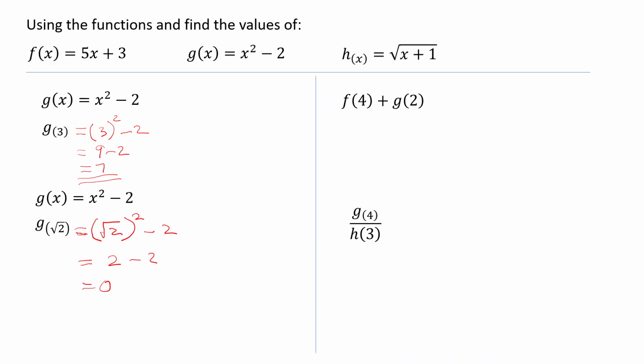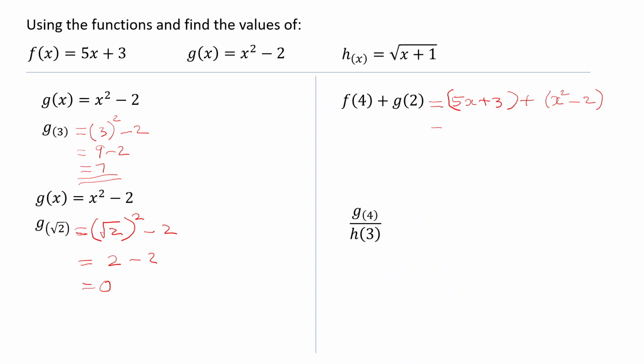Next one, f(4) plus g(2). So I'm going to write the functions. f(x) is 5x plus 3. This is the f(x) function, plus the g(x) function, x squared minus 2. f(4), what does it mean?